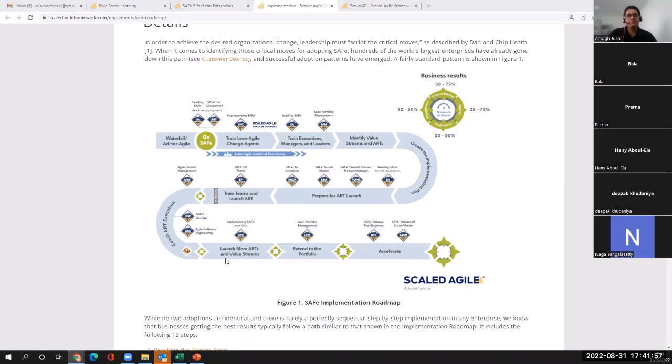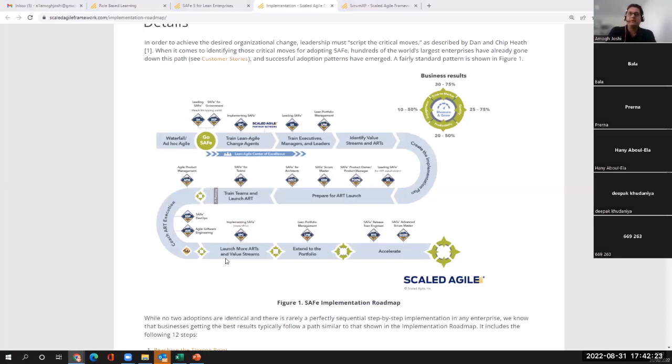Yeah, so you might have a portfolio configuration where you have a train and you are not utilizing the full portfolio configuration. Probably you just started the portfolio. It is not always that you are a very mature organization. It is a journey basically. So you are already on your journey right now. You have implemented SAFe in one train in one of the portfolios.